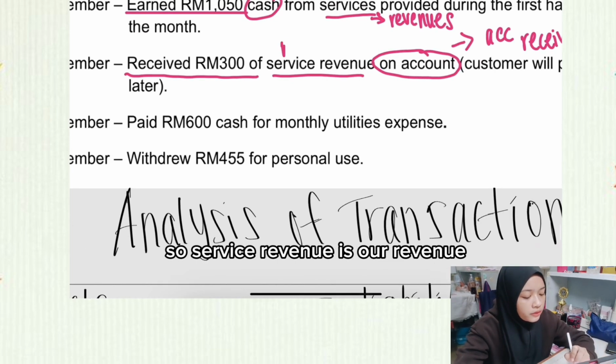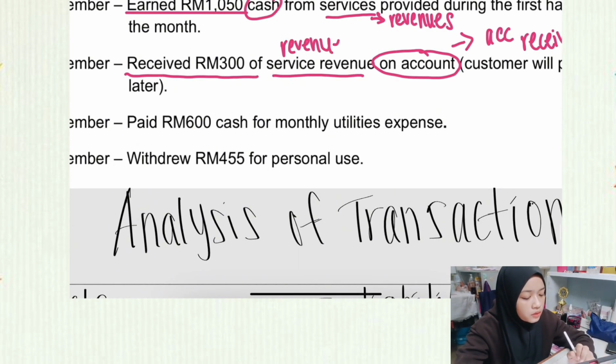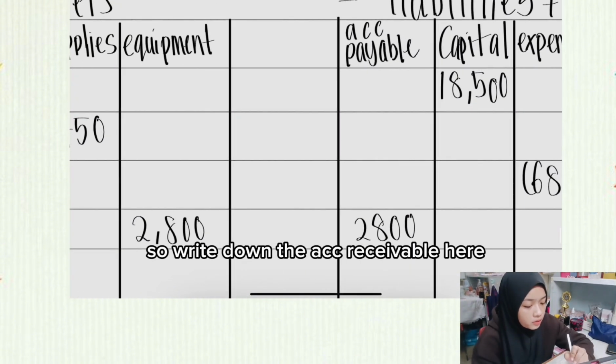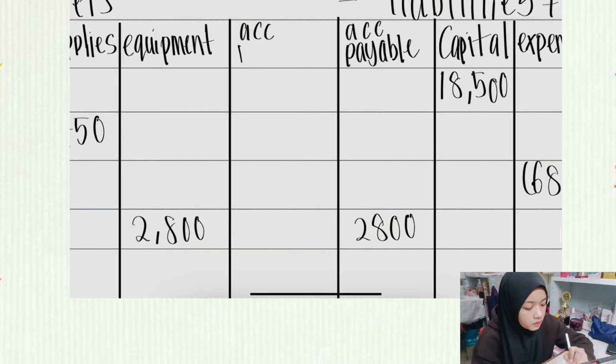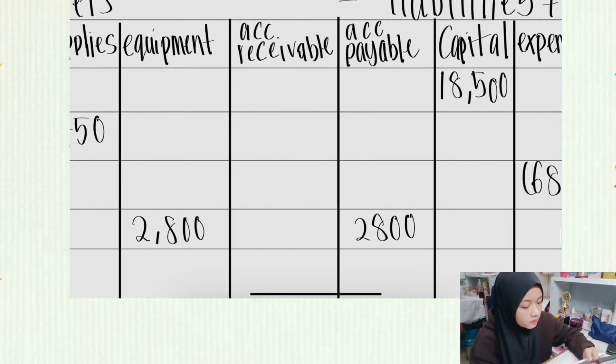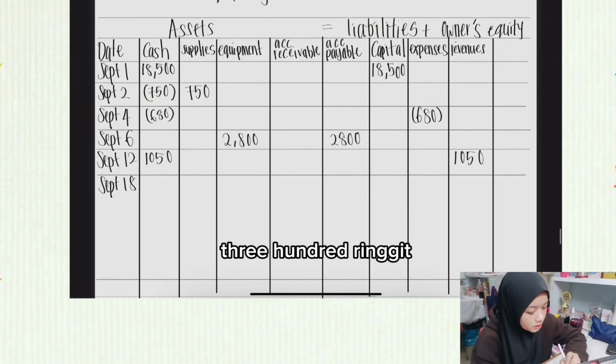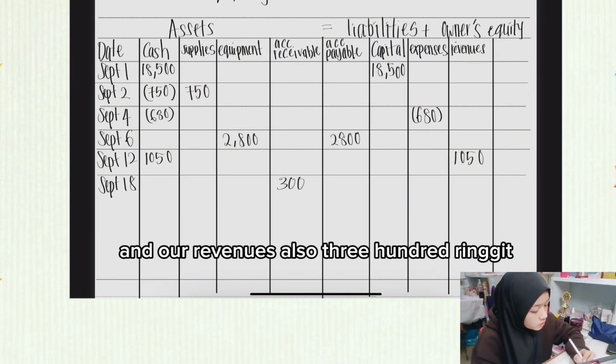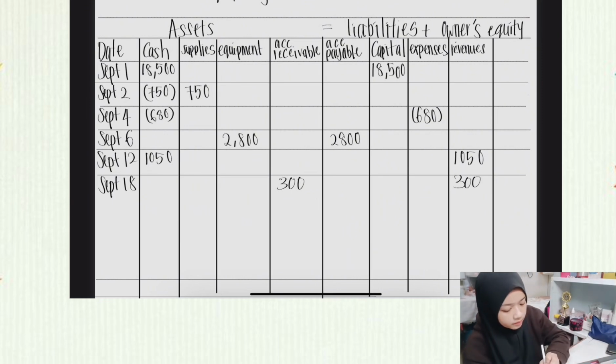Service revenue is our revenue. Account receivable is under asset. So write down the account receivable here. RM300, and our revenue is also 300 ringgit.